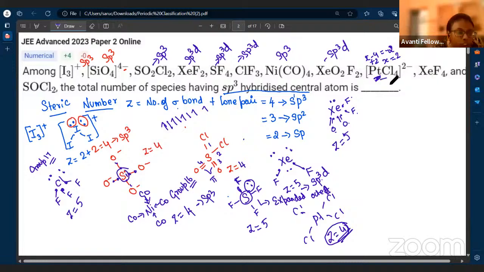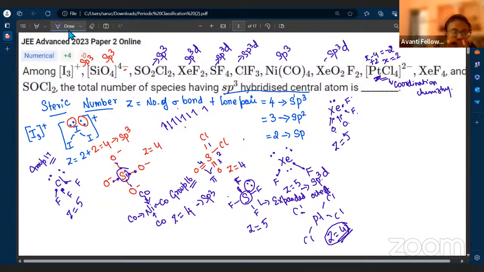This hybridization, we have studied in coordination chemistry. So what would be the hybridization?